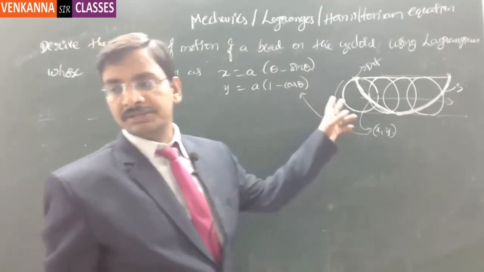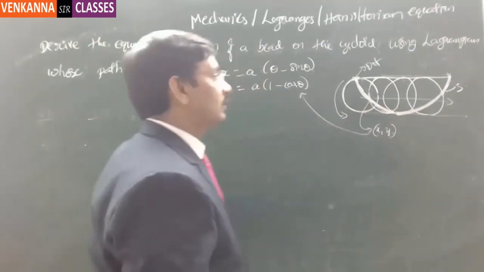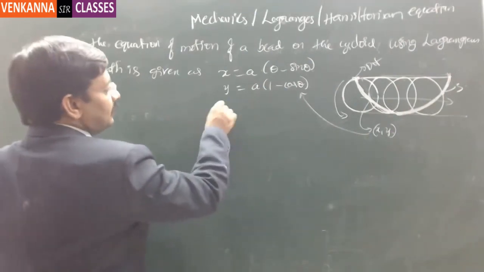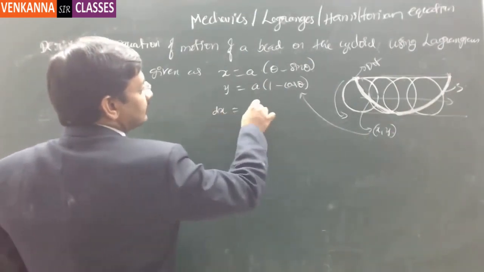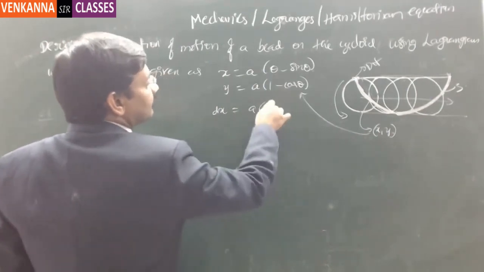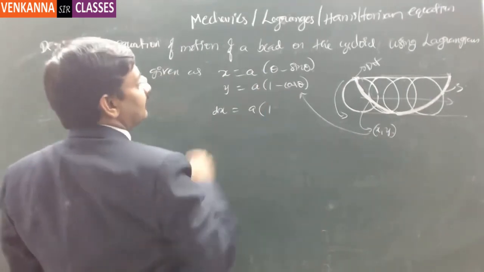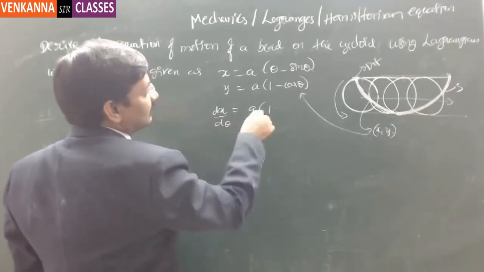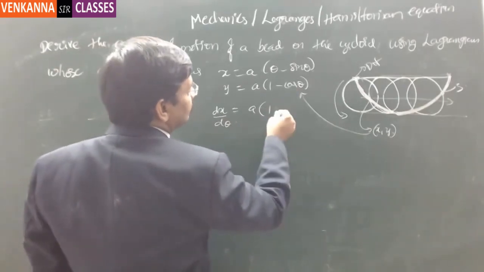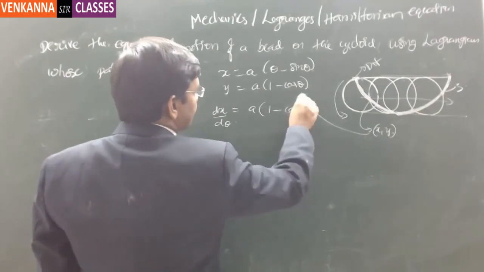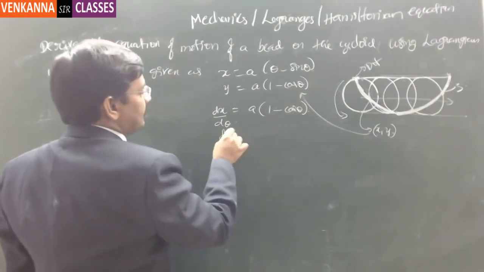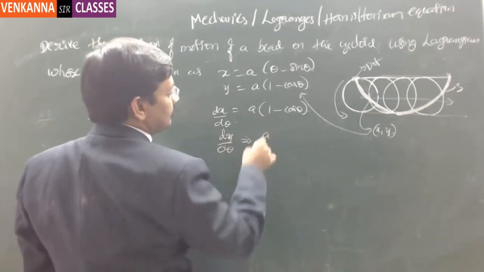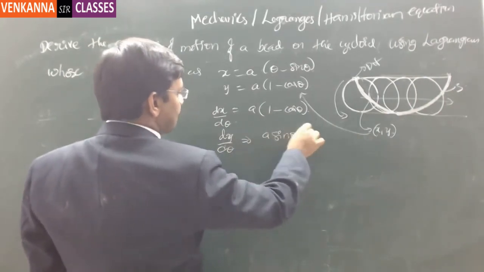If you want to find the magnitude of s that is getting traveled, it is given by dx. So dx/dθ is a times the derivative of θ, which is 1, minus the derivative of sin θ, which is cos θ, and then dy/dθ is given by a sin θ.